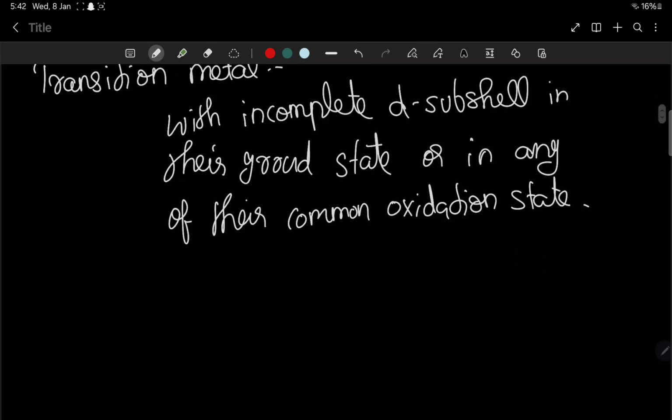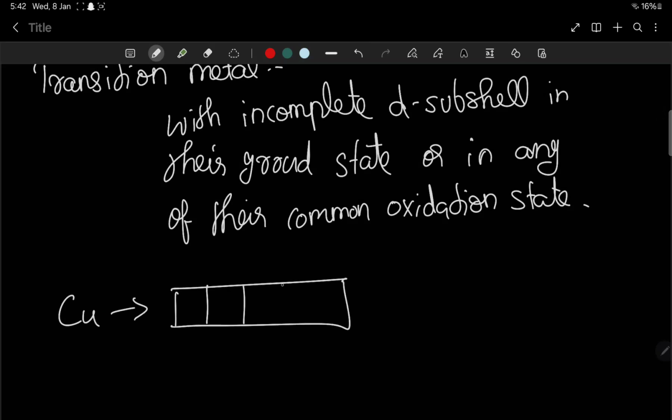So the example is, look, when you consider Cu, copper, the electronic configuration of copper is 3d10 4s1. You know that a pairing will happen. So this is the electronic configuration of copper.